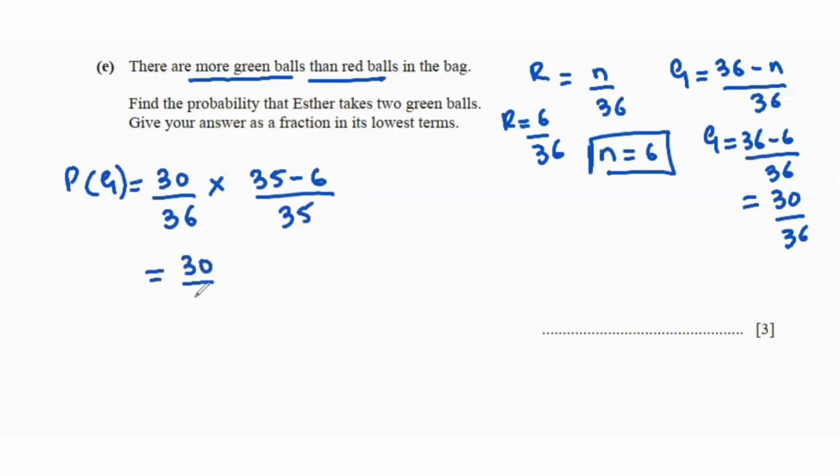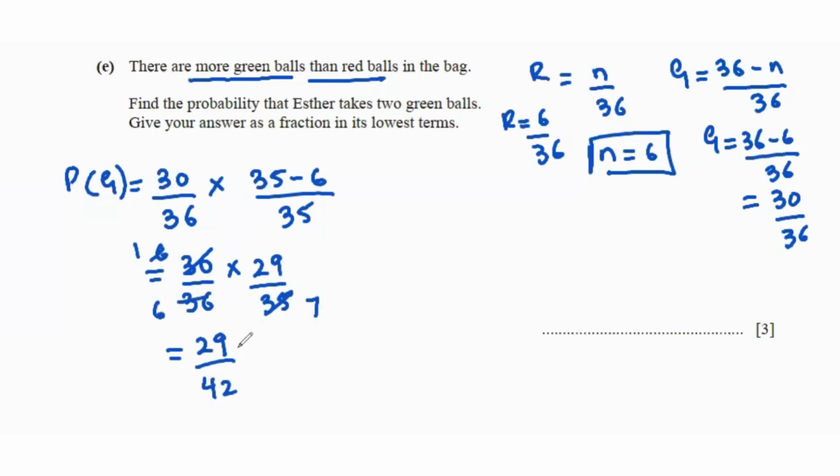So 30 over 36 times 29 over 35. And that is equal to 29 over 42, because 5 6s are 30, 5 7s are 35, 6 1s are 6, 6 6s are 36.